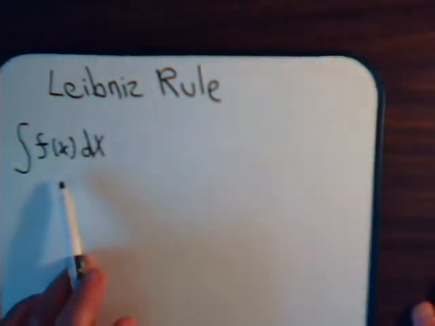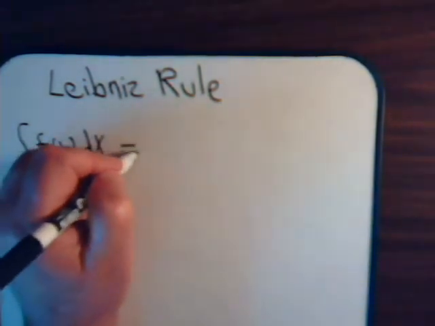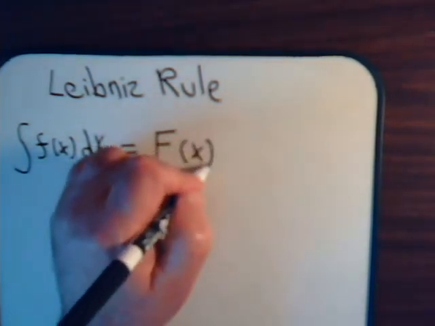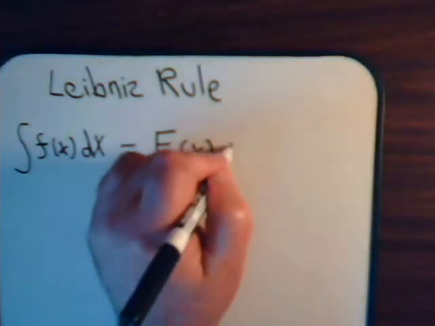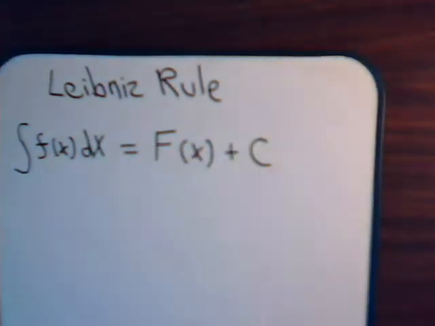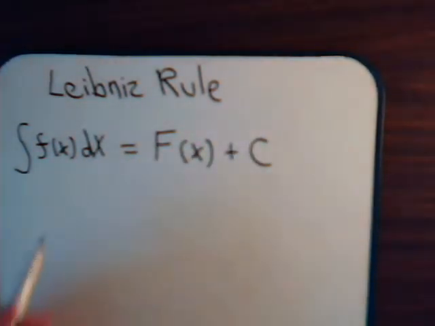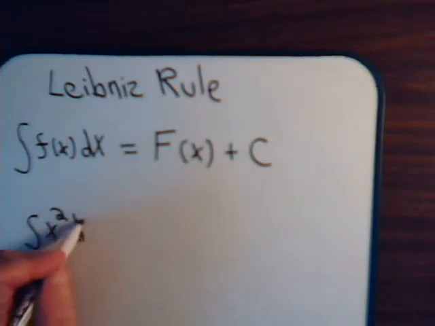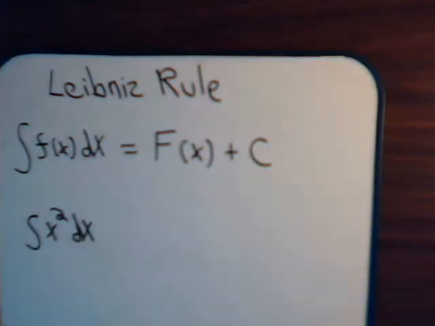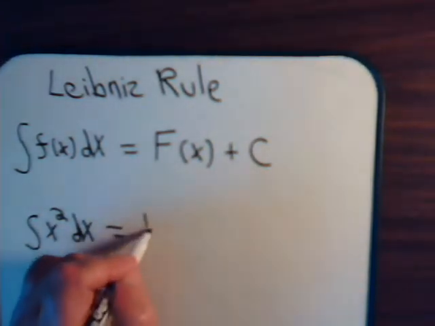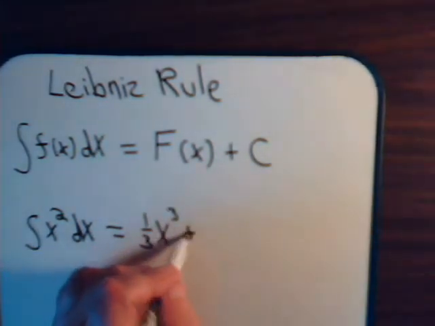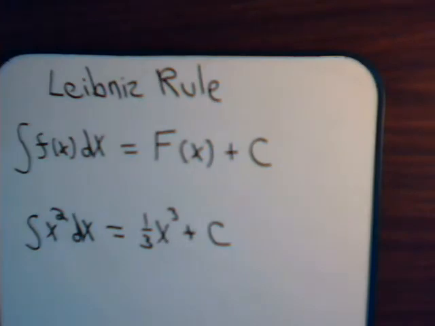When we integrate that, this will give us a different function of x plus some arbitrary constant. For example, suppose we just had the integral of x squared dx. So that, of course, is 1/3 x cubed plus an arbitrary constant of integration.